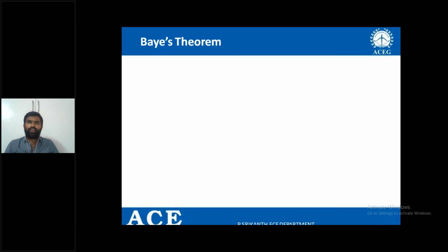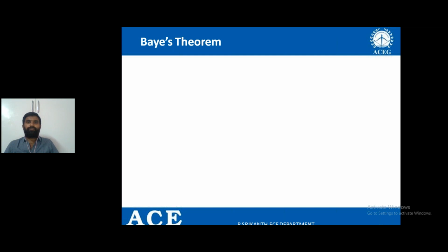Let me take the transmitters as B1 and B2, and in the receiver section, let me take the receiver antennas as A1 and A2. These are transmitting the digital signals, and these are receiving the signals.